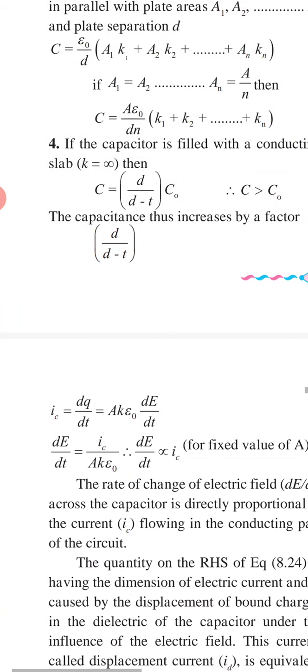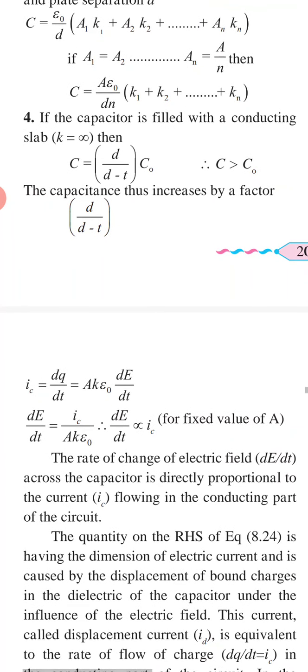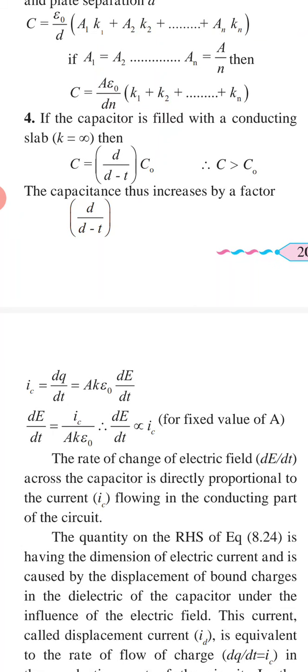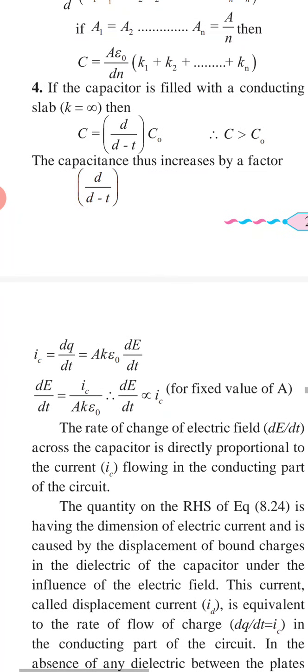Now IC is equal to dq upon dt, which is equal to A K epsilon 0 dE upon dt, because Q equals A K epsilon 0 E, and dE upon dt is equal to IC upon A K epsilon 0.